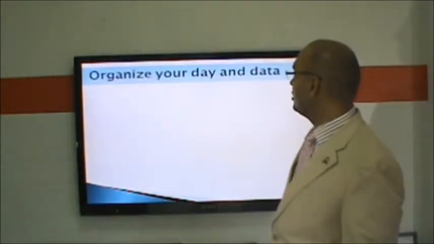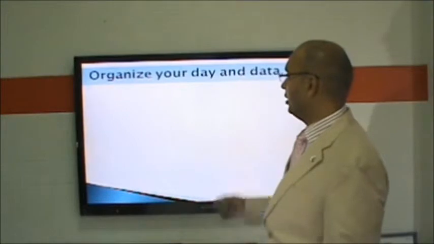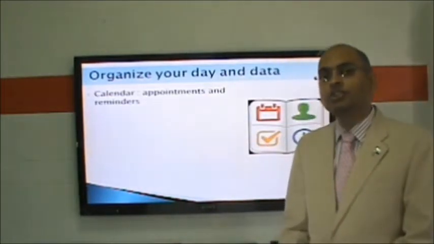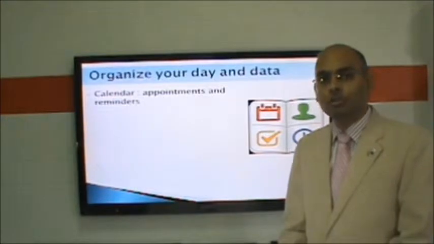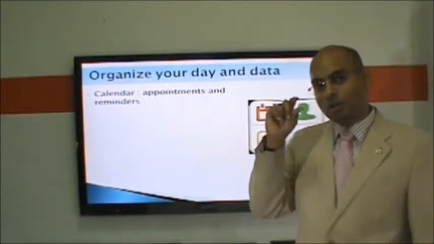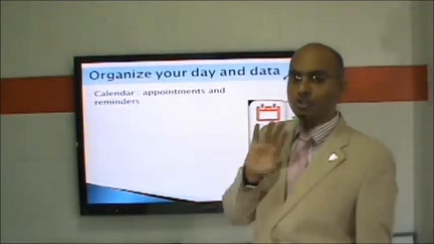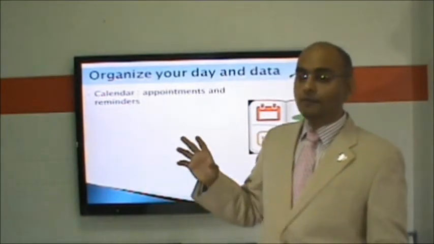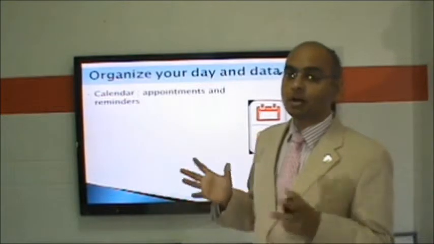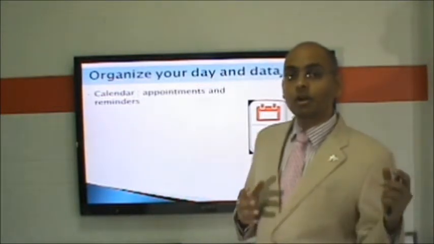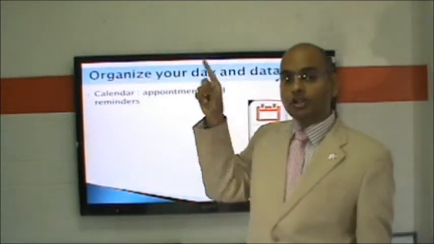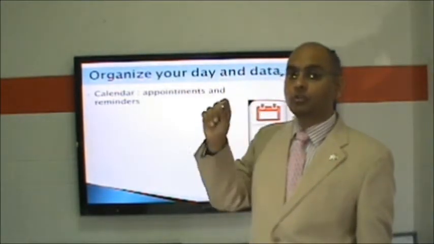Okay, organize your day and your data. Calendar: keep appointments for any task which needs a specific time on your calendar. Allocate an appointment. But for a task which does not need a specific time, create a reminder or a task. The difference between an appointment and a task is that an appointment will require a particular time. 2 to 4 next Monday, I have to do this work.